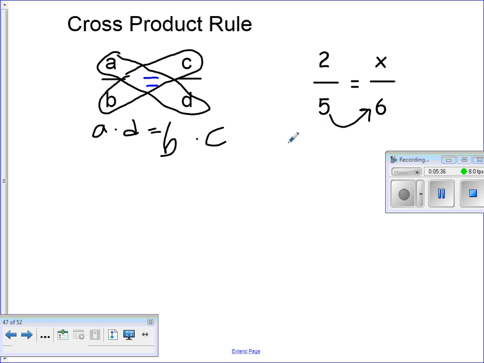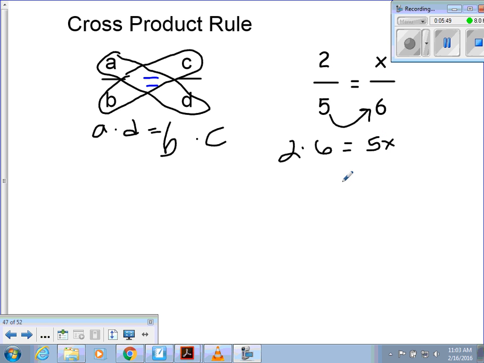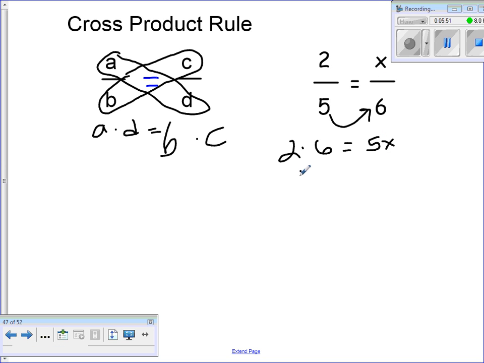But now let's use some numbers here. So my cross product rule tells me 2 times 6 should be equal to 5 times x, which is 5x. Let's simplify. 2 times 6 gives me 12. So 12 is equal to 5 times something.